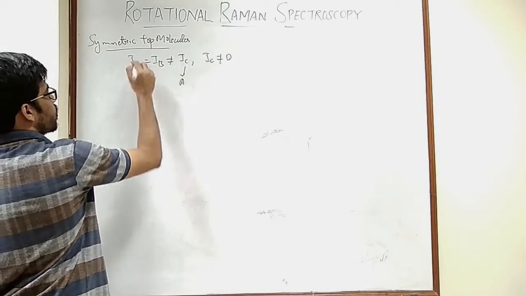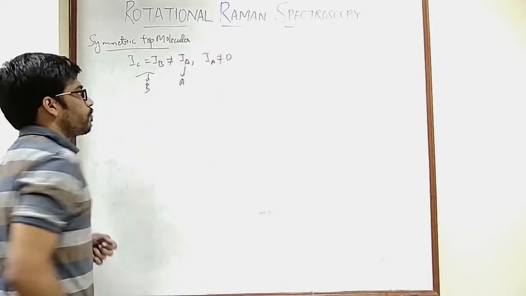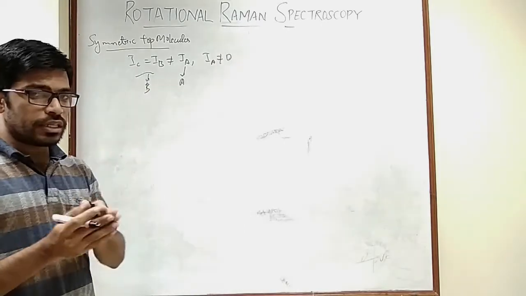So for this, the rotational constant is B, and for this, the rotational constant is A. Let's say I rename it. Okay, it's consistent with the terminology. So I have got these two.